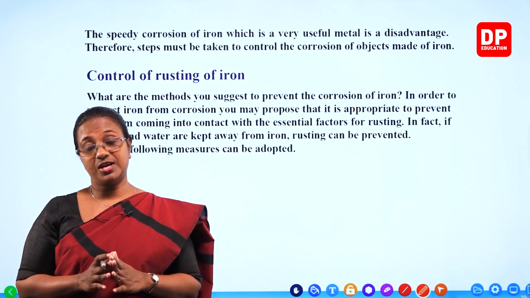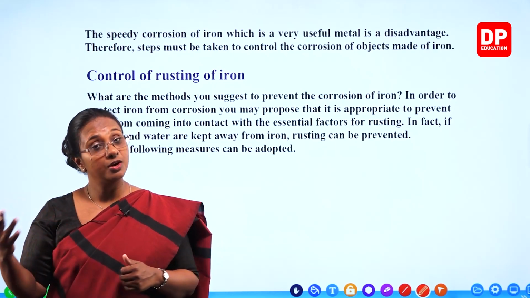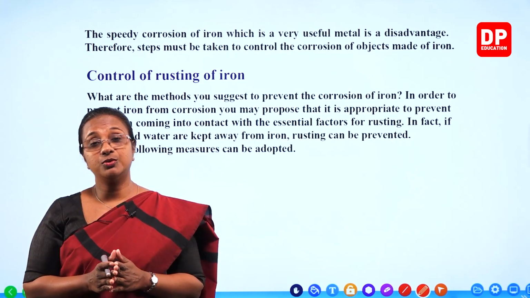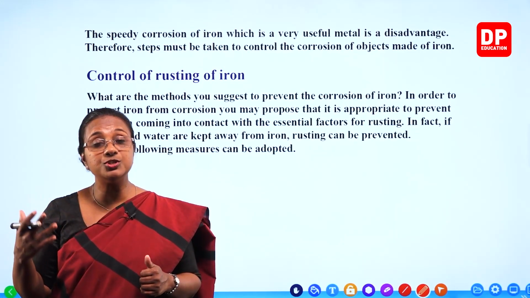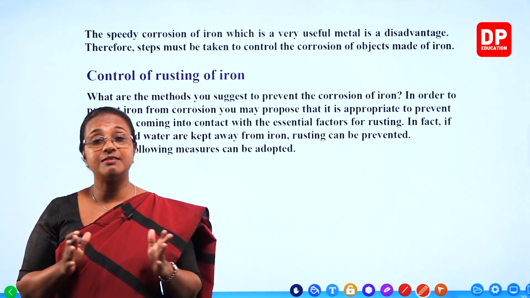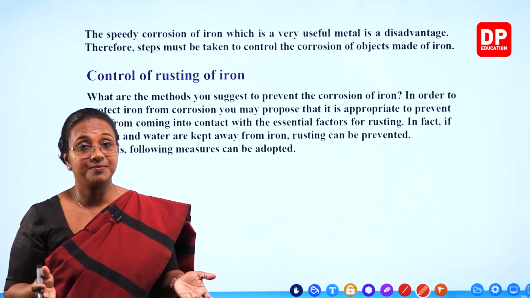If this undergoes rusting, because there is enough oxygen and water vapor or moisture in the environment, it can be a huge disadvantage to us. Therefore, we have to come up with methods that can prevent rusting.